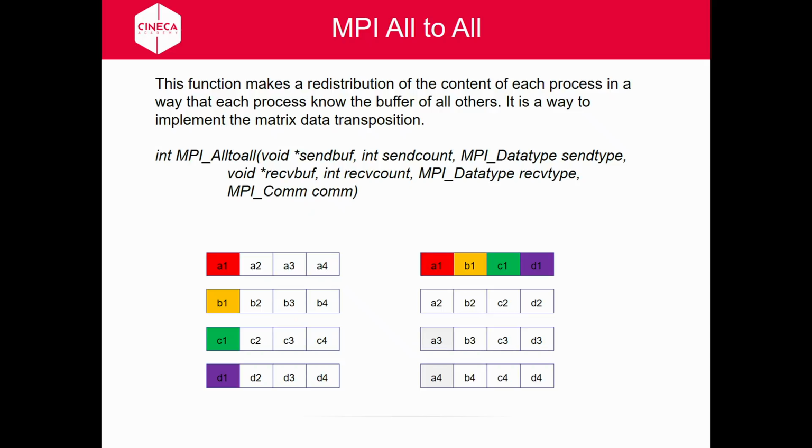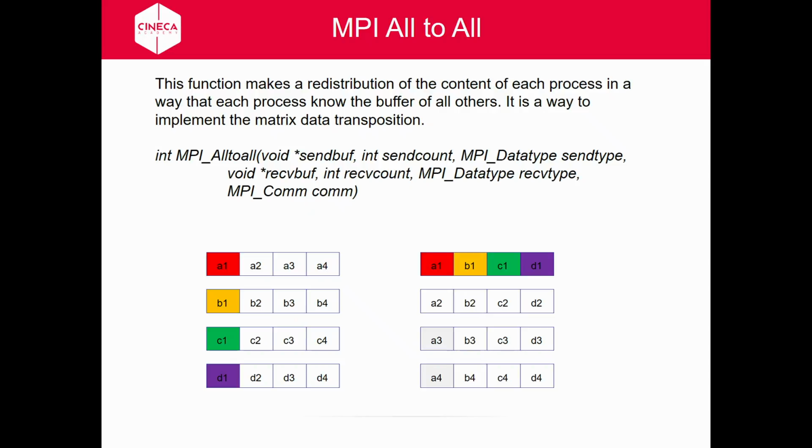Okay, it is also possible to perform some all-to-all communication. Until now, we performed only operations from one core to all the others. Now we want to perform an operation, for example, from all processors to all processors.